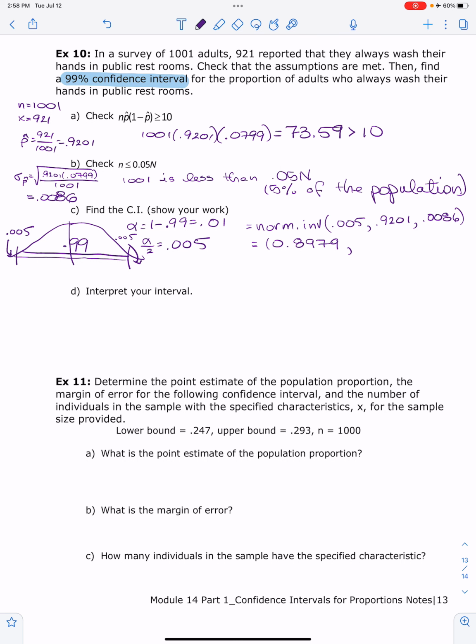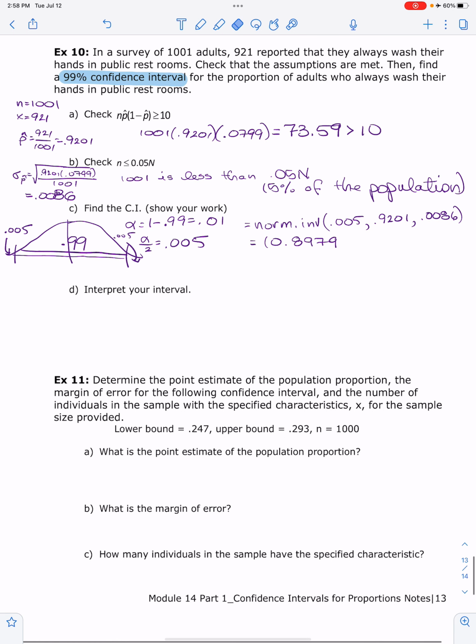Oops. Already confidence intervaling. And go norm.inverse. That top end is 0.995. And I get 0.9423.